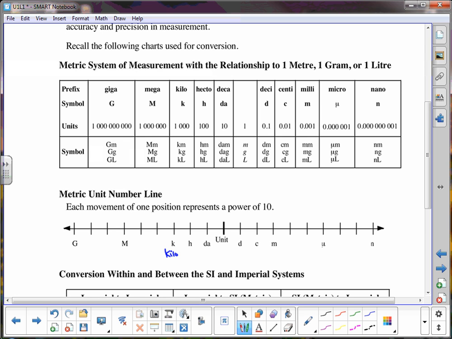So kilo, and then we have hecto, deca. Here's our base unit, which is going to be one of the 3: meters, liters, or grams are our base unit. And then we have deci, like decimeters or deciliters, centi, milli.